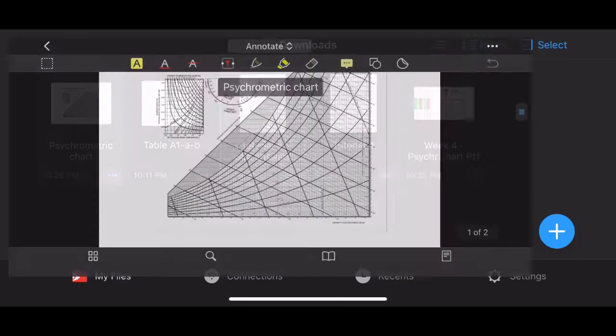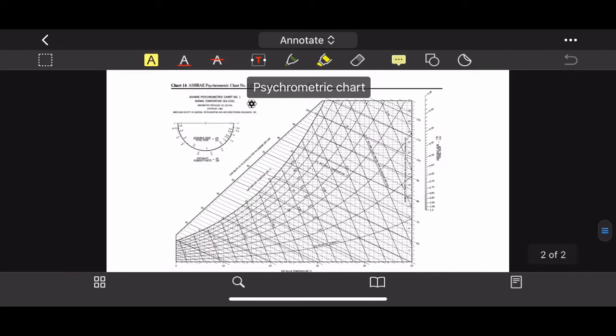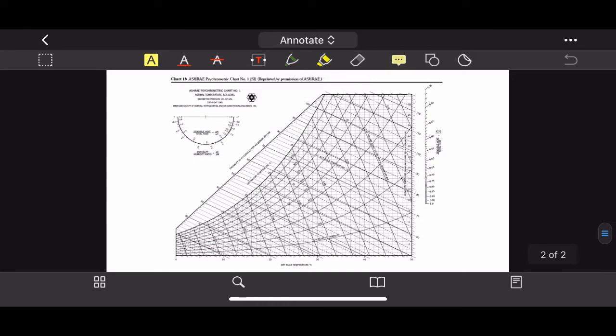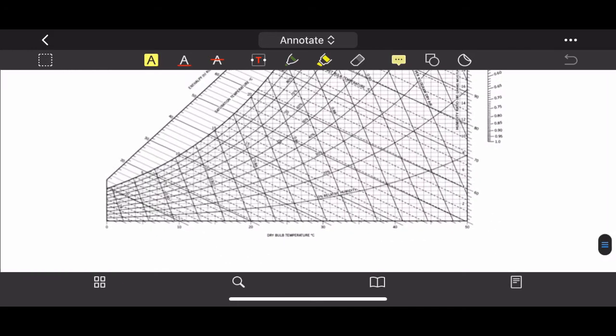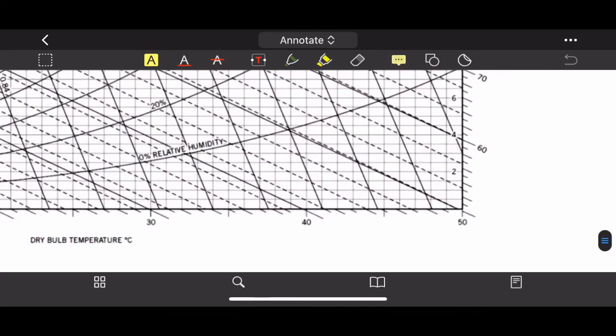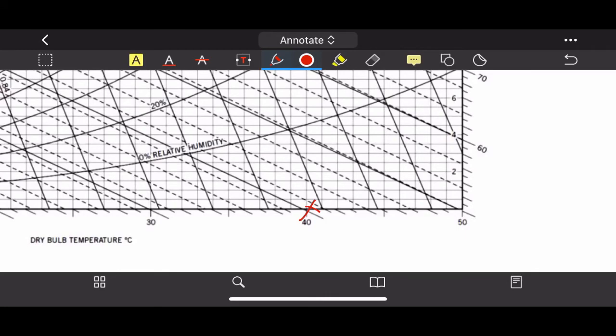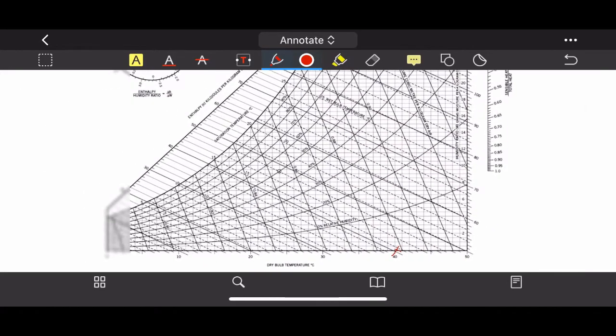Now, let's go back to our chart and scroll to the SI unit. On my other device, I have the answer. So locate that state point where it is 40 degrees Celsius dry bulb, which is there, right? And crisscross it with 20 degrees wet bulb temperature.